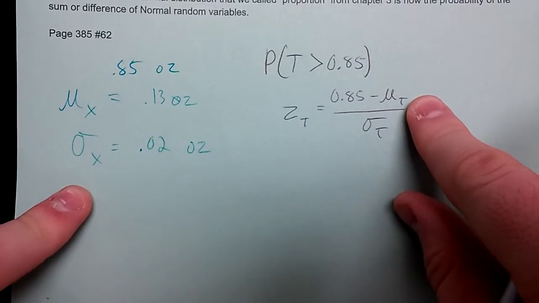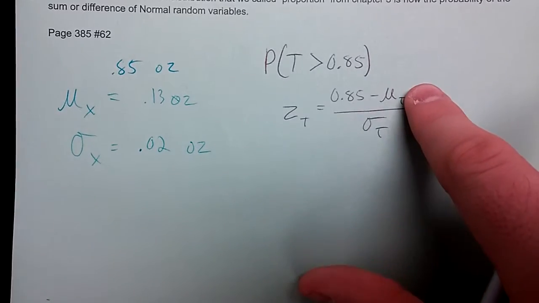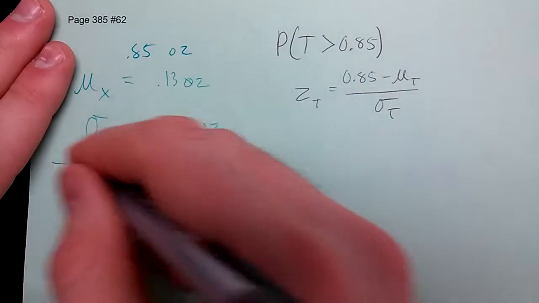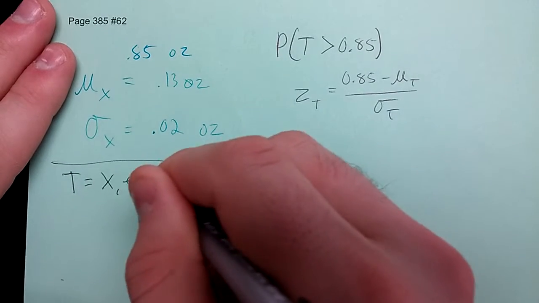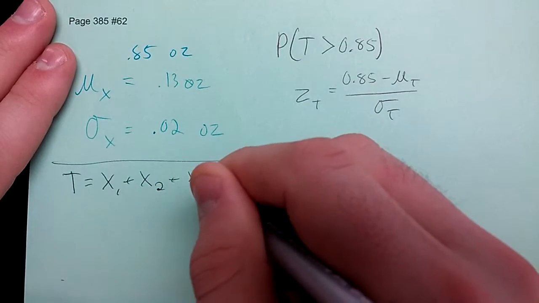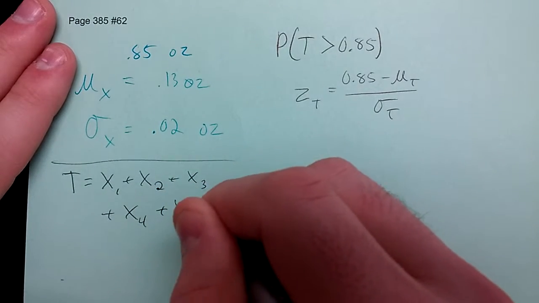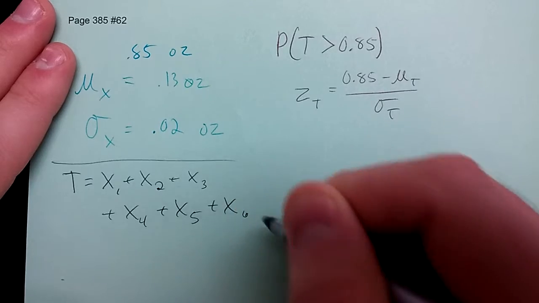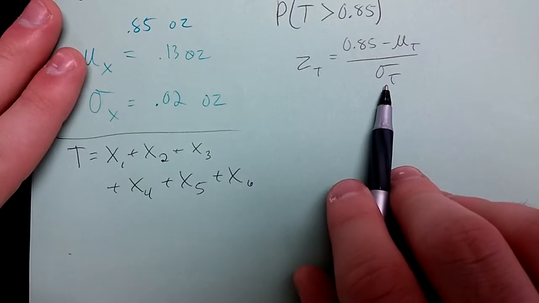This is the total of 6 squeezes of the tube, so we have to find mu T and sigma T before we find the z-score. The relationship we found from the problem was 6 X values added together.